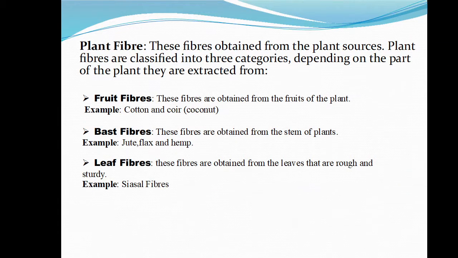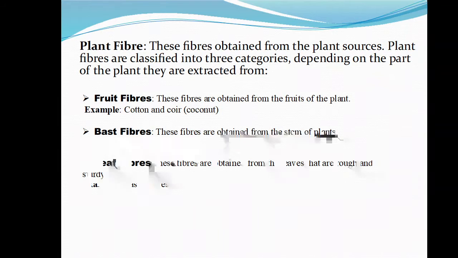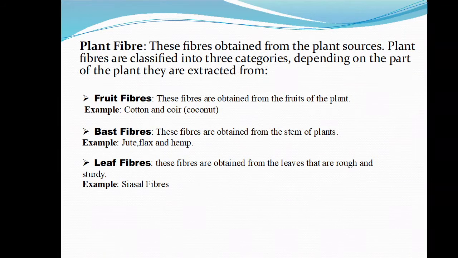Like you have a plant, it can come from the leaf, it can come from the fruit, or it can be obtained from the stems. So based on that, it is divided into three parts: fruit fibers, bast fibers, and leaf fibers.